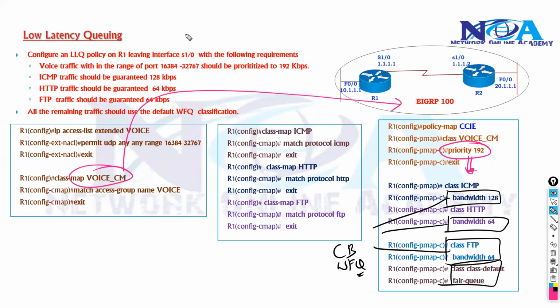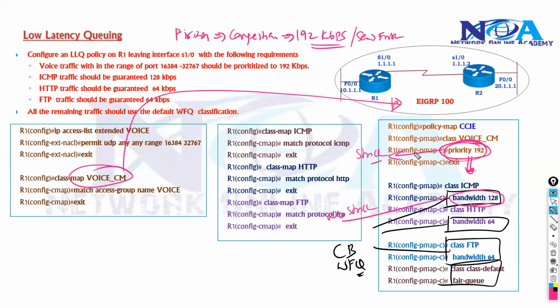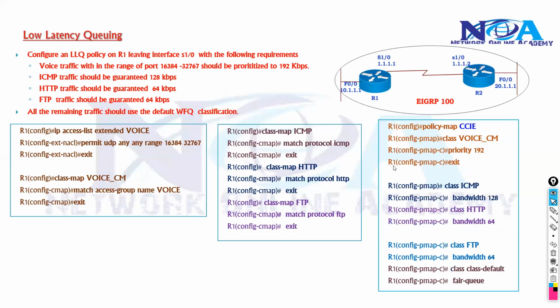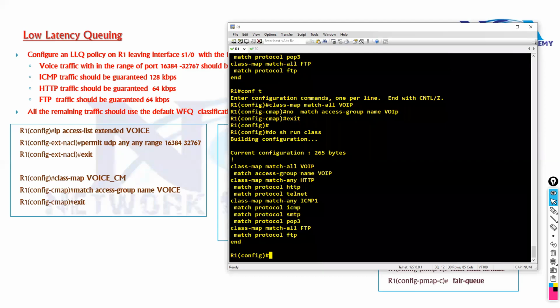The priority command ensures that if there is any congestion, this traffic will get a minimum of 122 kbps of bandwidth, and it will be sent first, immediately. That's the difference. There is no strict priority with the bandwidth command, whereas here a strict priority is added for the sensitive traffic, which tells the router that this traffic should always be sent first.